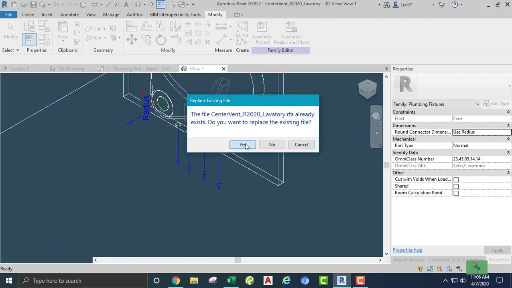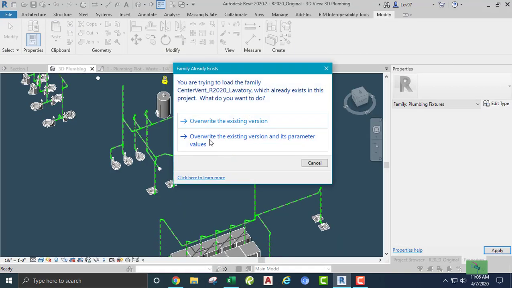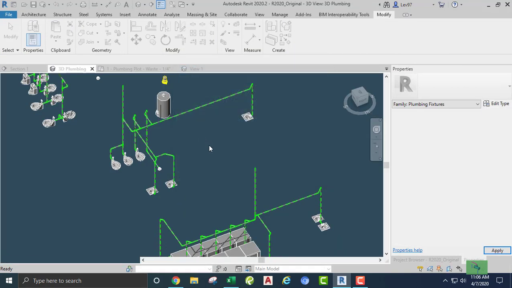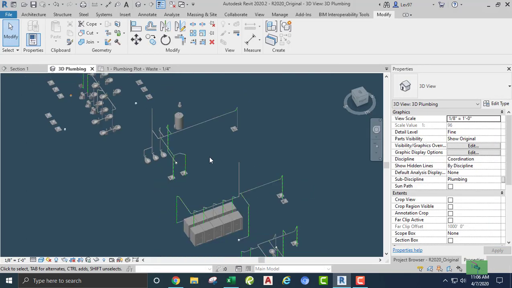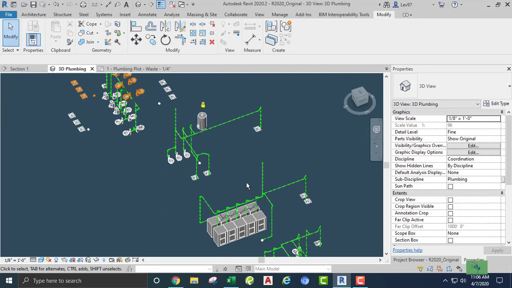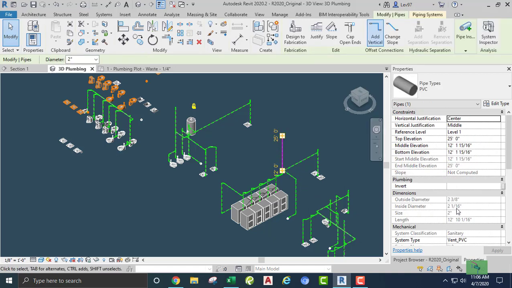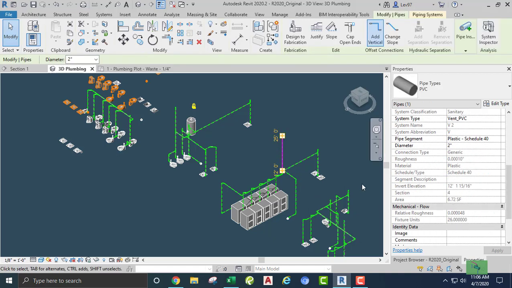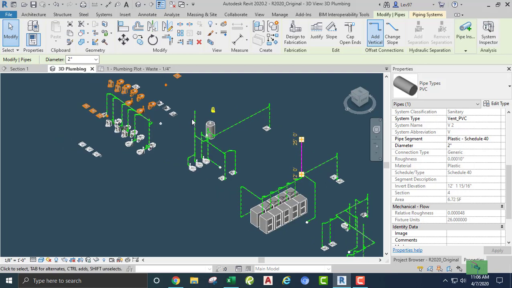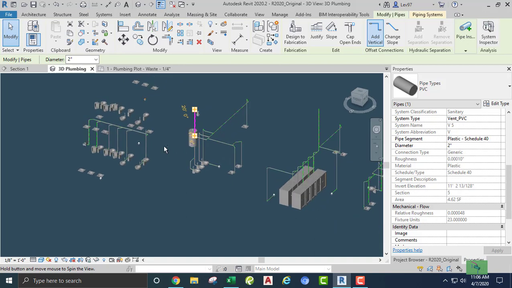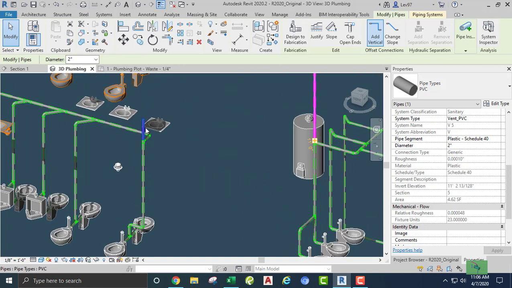Yes. Save. Yes. Overwrite. Okay. Now let's see if it's adding. Is it adding? 26. Oh, 26. What's this one? 23. Is that right? So anyway, 45.